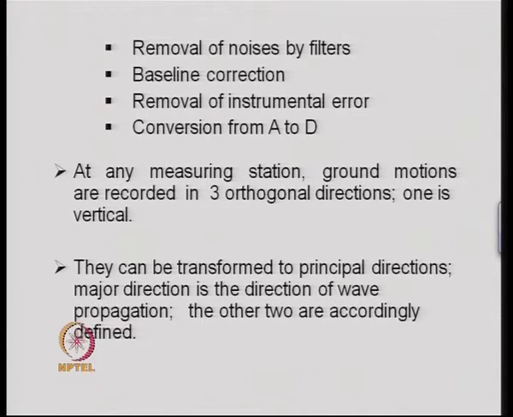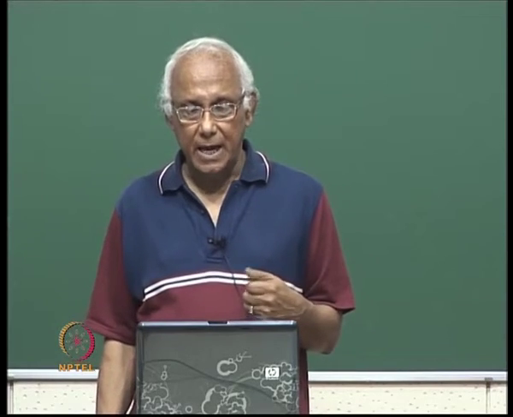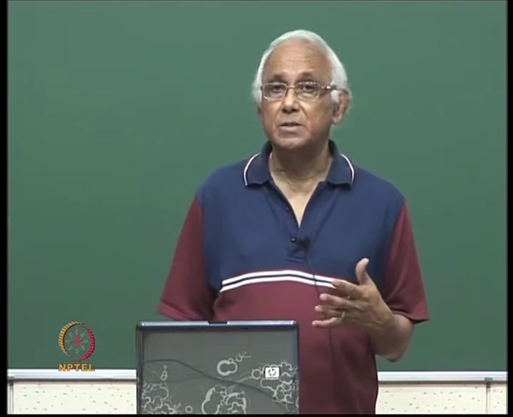At any measuring station, ground motions are recorded in 3 orthogonal directions. One of them of course is vertical. The other two could be the 2 horizontal earthquake directions. These 3 earthquake records, or the measured ground motions in the 3 directions, can be transformed to principal directions.